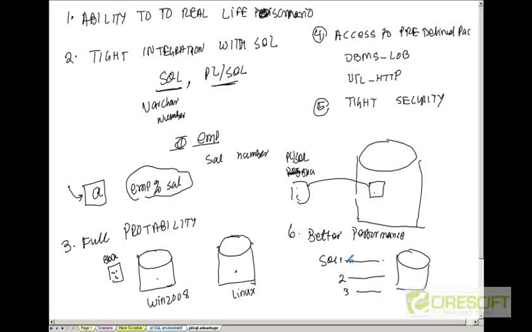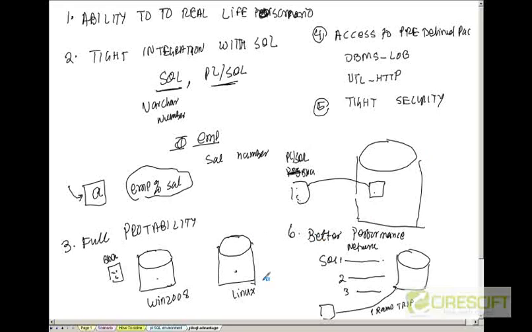There is time spent on the network, so network time is going to be consumed for these 5 SQLs. However, if I write only one PL/SQL block and send it at once, the whole PL/SQL block will be transported once and executed in the Oracle server, and I get back the results. In that case, it's only one round trip. Five round trips always perform worse than one round trip, so we are going to save a lot of time on performance.